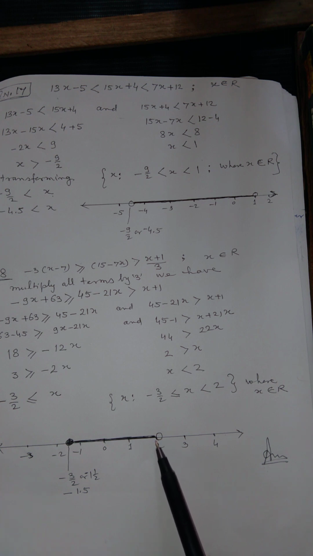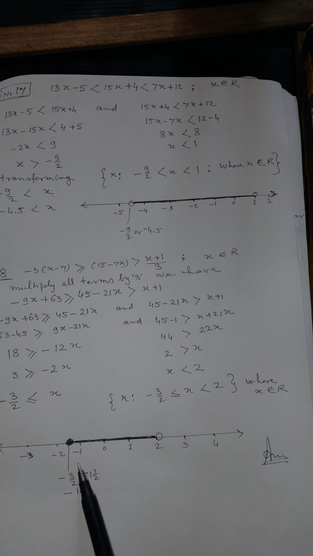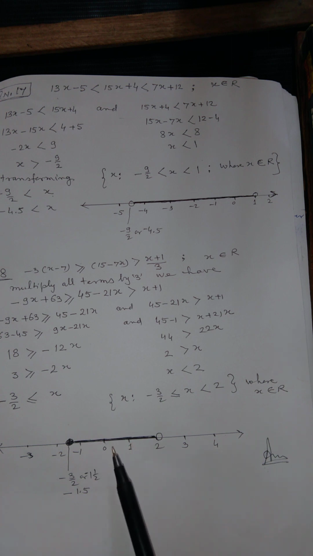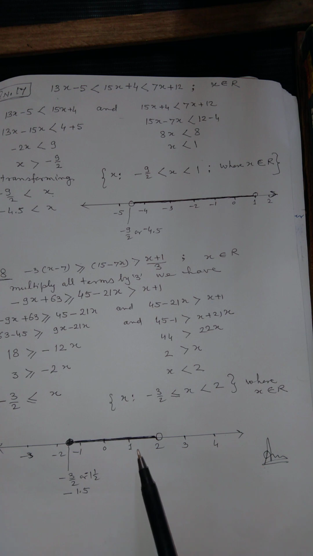That is why it has been represented by a blank or open circle. Now all the points which lie on this thickened or darkened line will be the solution for question number 18 inequation.